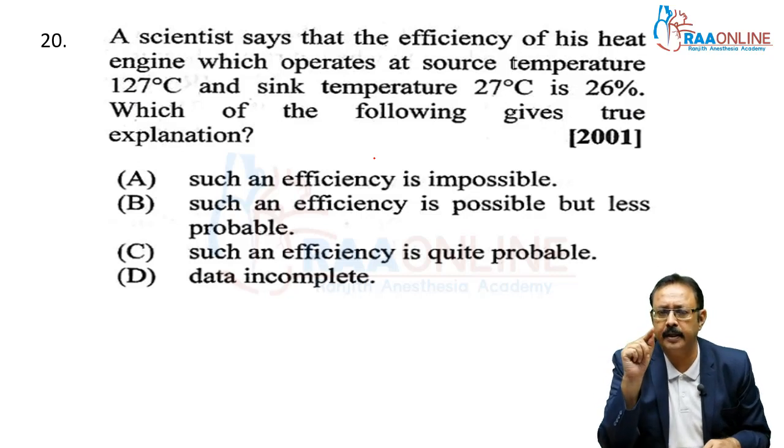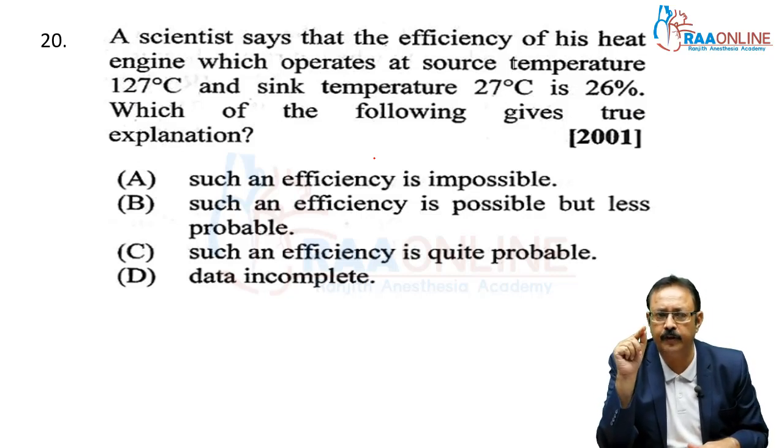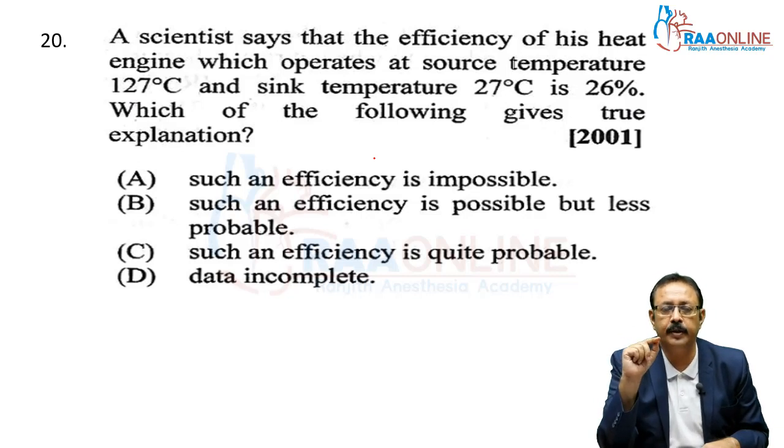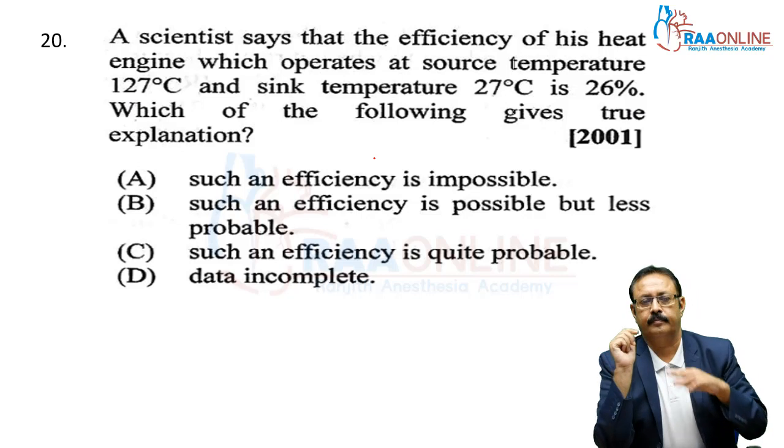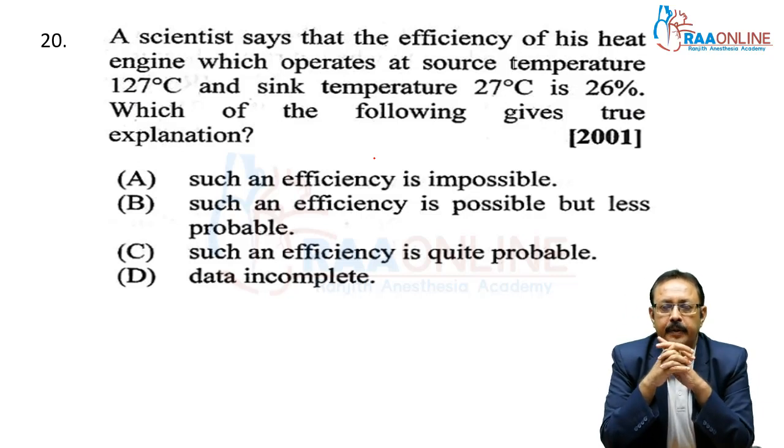A scientist says that the efficiency of his heat engine, which operates at source temperature 127 degrees Celsius and sink temperature 27 degrees Celsius, is 26%. Which statement can be correct?